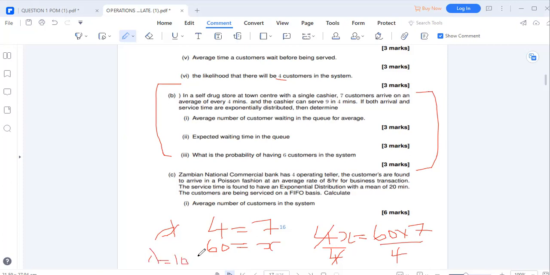Then from here, we can now go for the service rate. The cashier can serve 9 in 4 minutes. So even here, you have to find that combination. Arrival rate is 105 per hour, and then the service rate is 9 in 4 minutes. So 4 minutes is equal to 9.